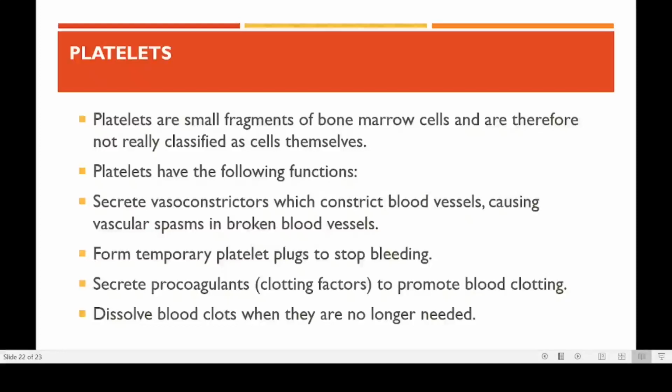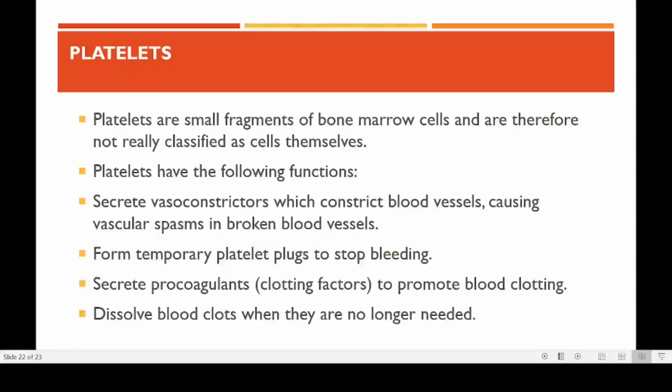One function of the platelet is that they secrete vasoconstrictors. What are vasoconstrictors? Vaso means blood vessel. Constriction means to reduce its diameter, to constrict or narrow the diameter of the blood vessel. So vasoconstrictors are responsible for shrinking of the blood vessel, or reducing the diameter of the blood vessel, so that little blood can pass through it.